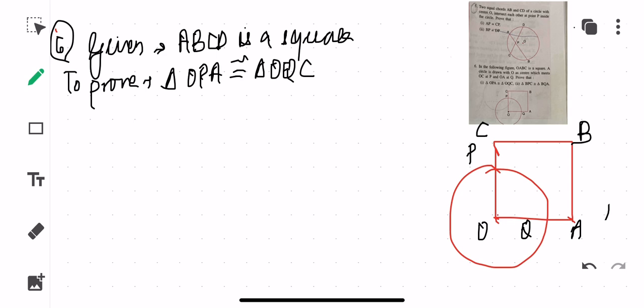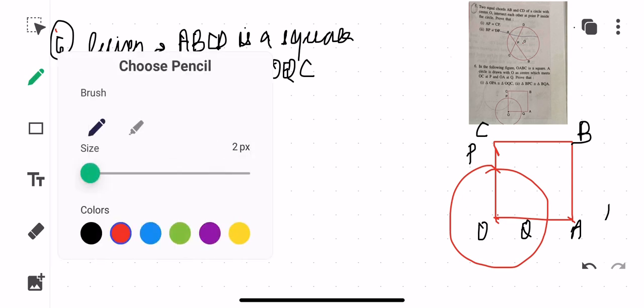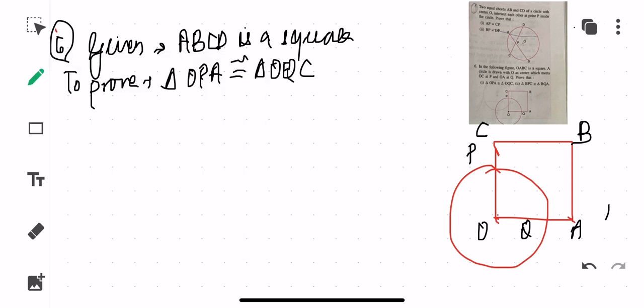So where do you see those triangles, children? OPA. So this goes like this, children, this particular triangle is congruent to OQC. So this is OQC. So these two triangles you have to prove congruent.